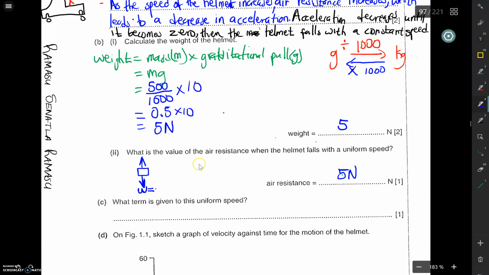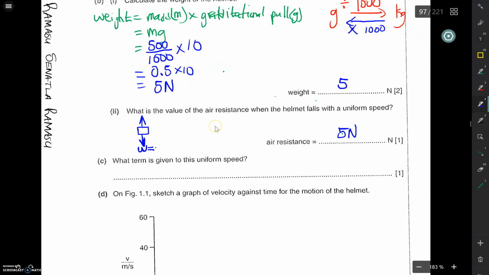Now, to further explain this, we have the equation F equals ma, right? Where a is the acceleration, m is mass, and F is the resultant force.